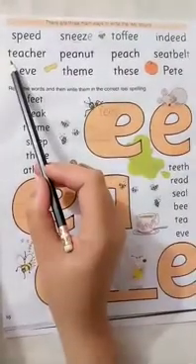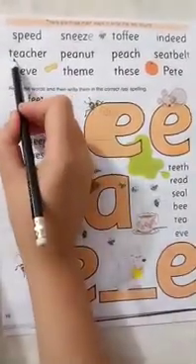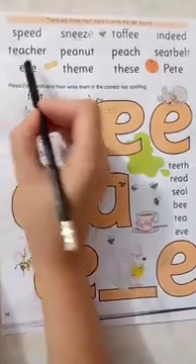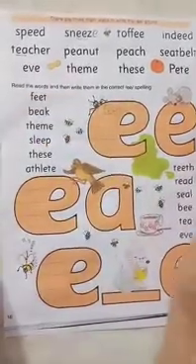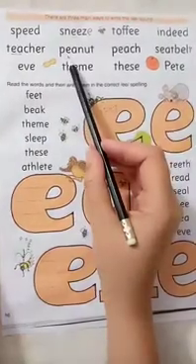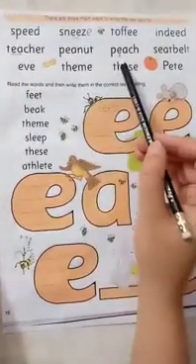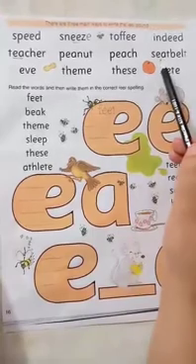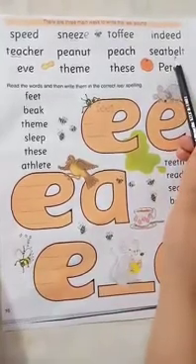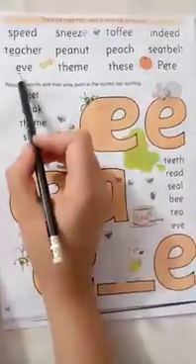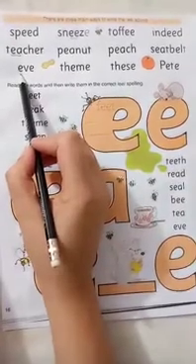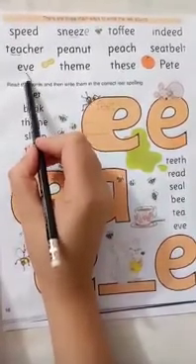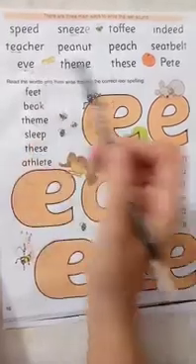Now, teacher. Over here, the letter E is followed by letter A. Teacher. Peanut. Peach. Seat belt. Look, letter E is here and letter E is here, and then there is another letter in the middle.